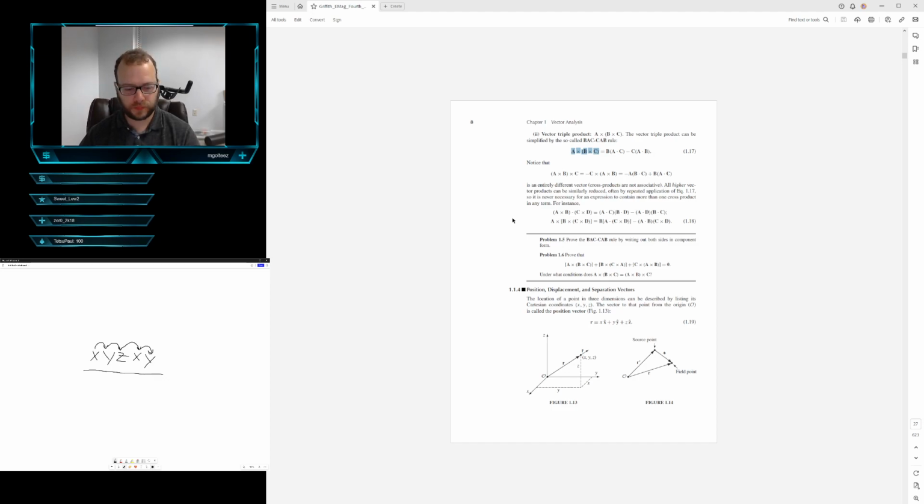So we are going to go over some simple definitions. So the first definition is that of the position vector, which a position vector is simply a vector going from the origin to a point in space along that direction.